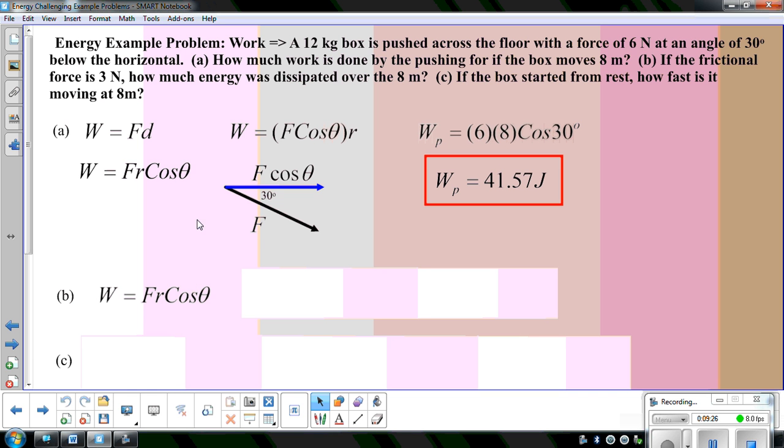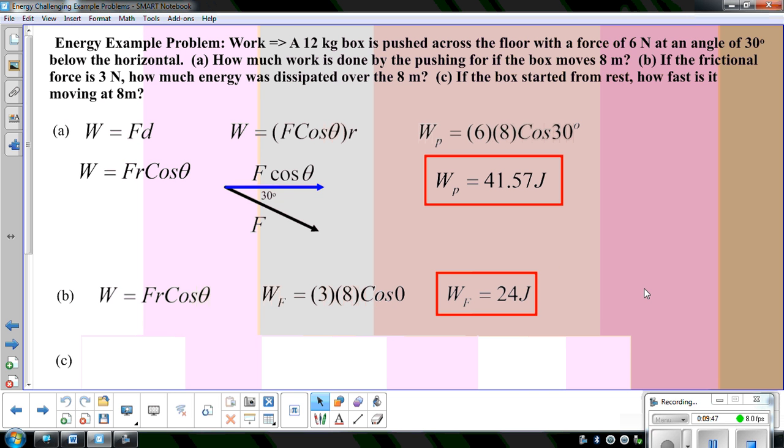And this is why our equation F d was working before. If you put in your force of 3, your distance of 8, and cosine 0, well, what is cosine 0? Plug that in your calculator. Cosine 0 is 1. So 3 times 8 times 1 gives you the work for friction.